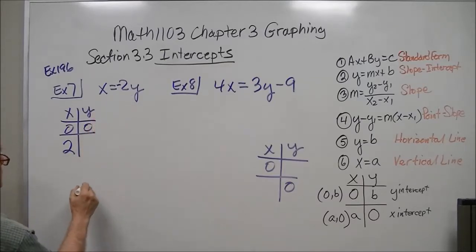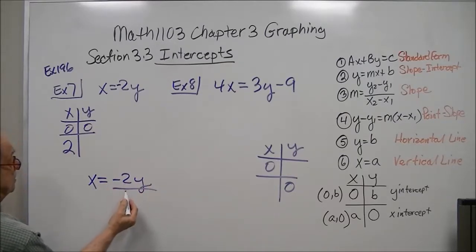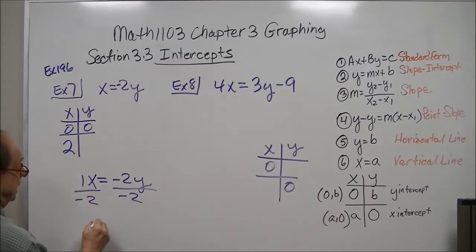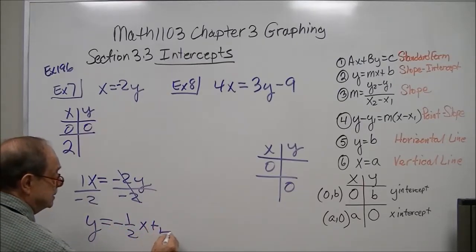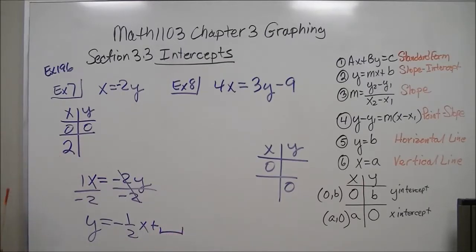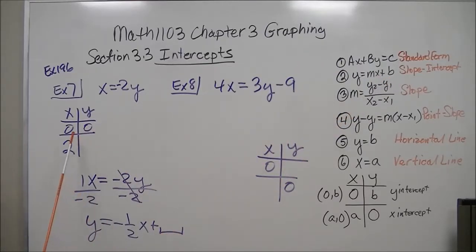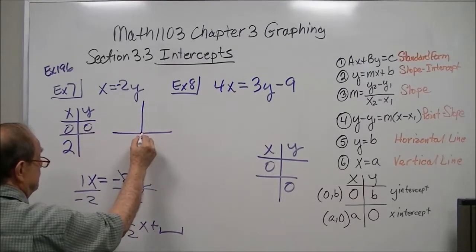If I solve this equation for y, x equals a negative 2y, I'm going to divide both sides by a negative 2. I get then y equals a negative 1/2 x. And notice there is no b term, which we said was the y-intercept. So when there is no b term, our intercept is the origin. So this equation is going through the origin, so we would need another point.